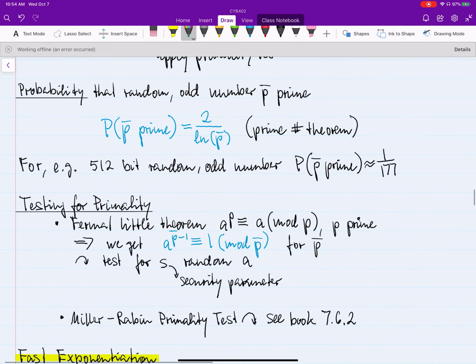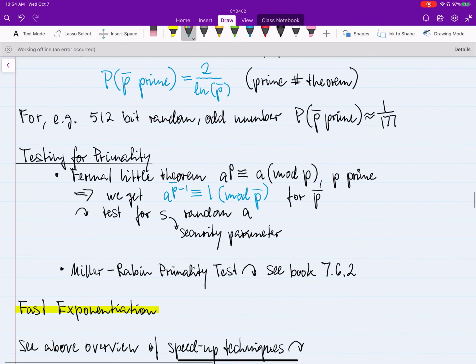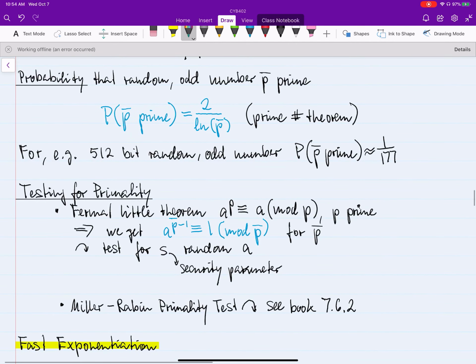Okay, so this gave us the scope of the computation that we have to do if we check for primes among really large numbers like 512-bit numbers upwards. Roughly speaking, you may need to try about 200 times in order to find one prime number, which is not too bad with the computing power that we have these days.